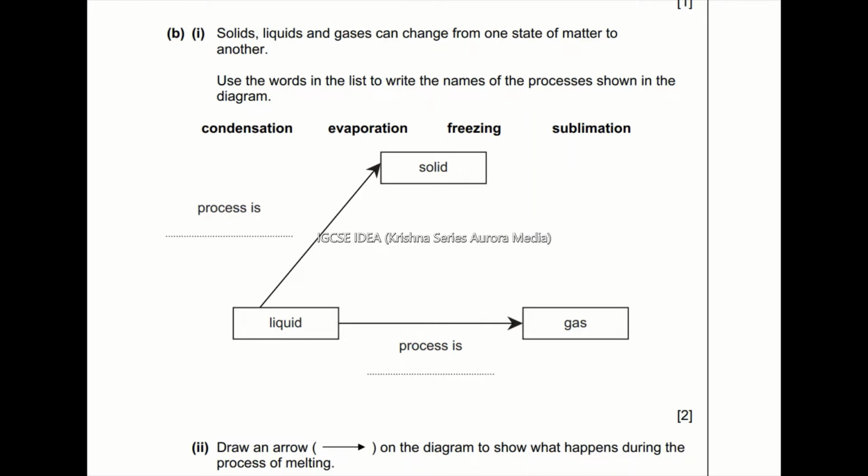B. Solids, liquids, and gases can change from one state of matter to another. Use words in the list to write the names of the processes shown in the diagram. Okay, here, liquid to solid. It's freezing.